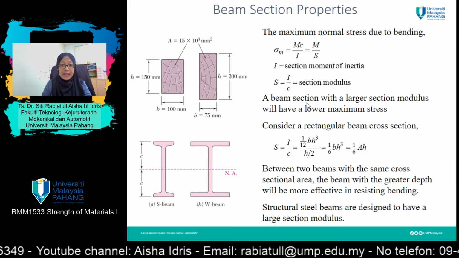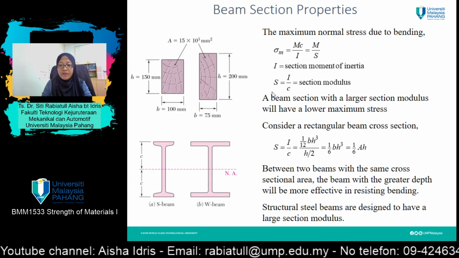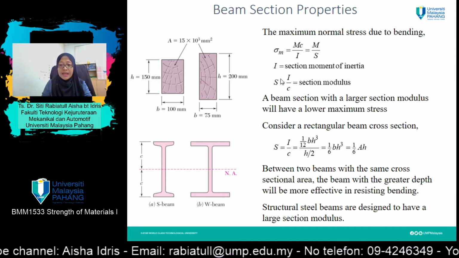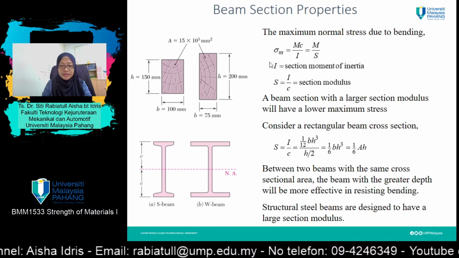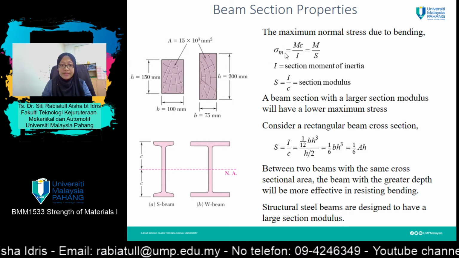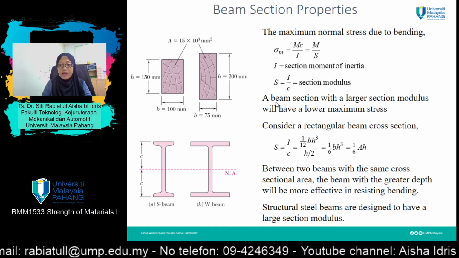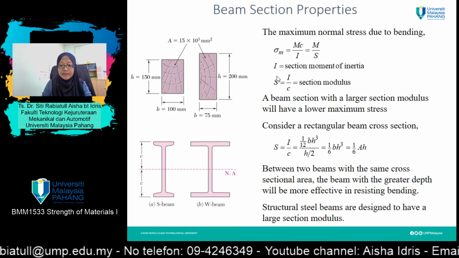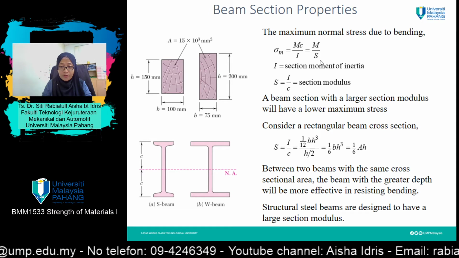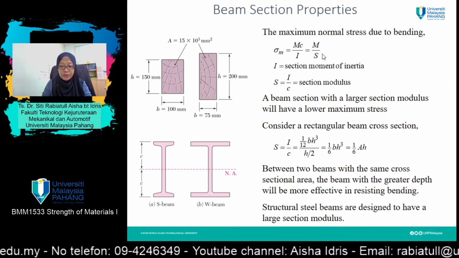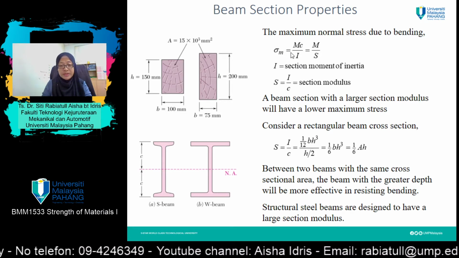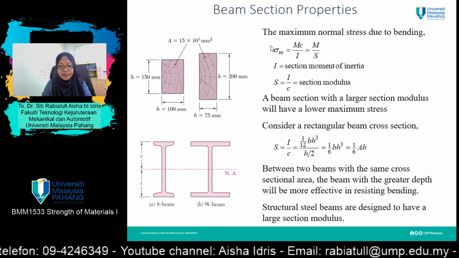It means, in other words, that if the value of S is larger, then sigma will decrease. Again, I repeat, if the value of S is larger, then sigma will decrease.